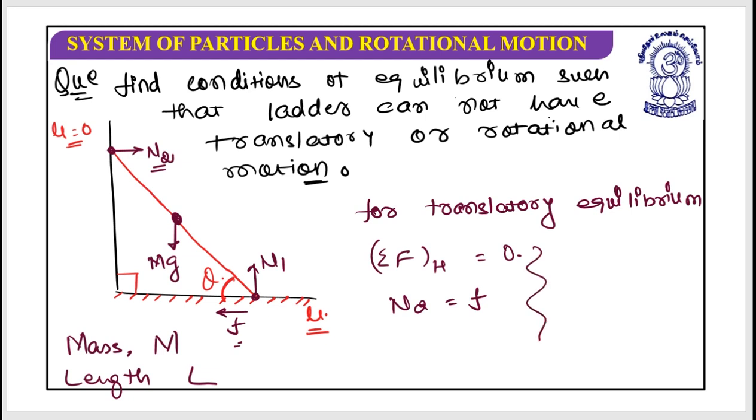And for translatory equilibrium, sigma forces in the vertical direction must be equal to 0. In the vertical direction N1 is acting in the positive y direction and mg in the negative y direction, so N1 must be equal to mg. Yes, this is relation 1 and 1 dash. I hope this is clear.